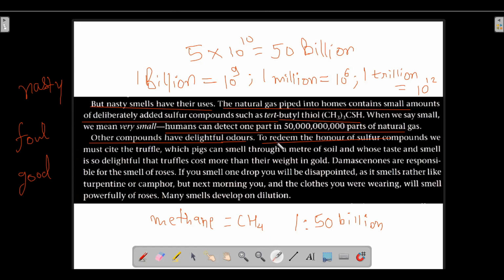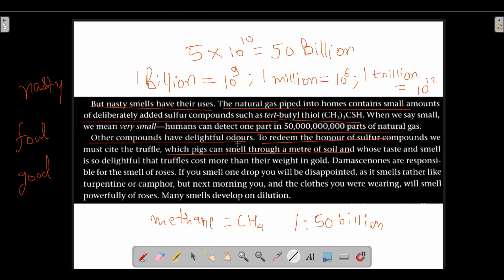So we must cite truffle. I have told you it is a kind of fungus, and it can be smelled by the pigs, which can smell through a meter of soil.